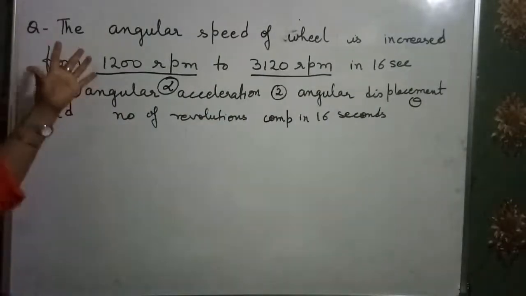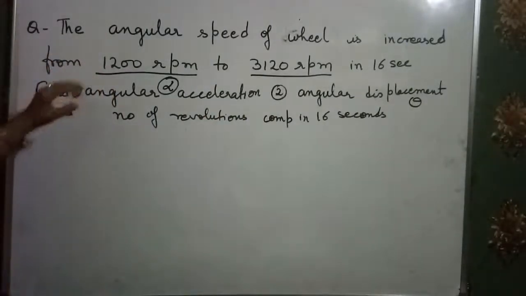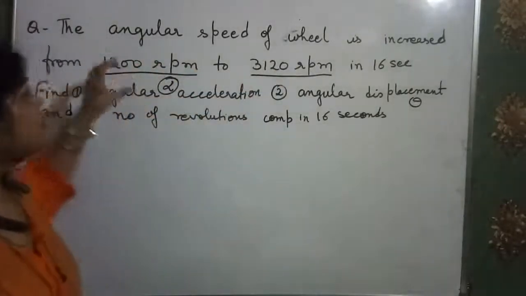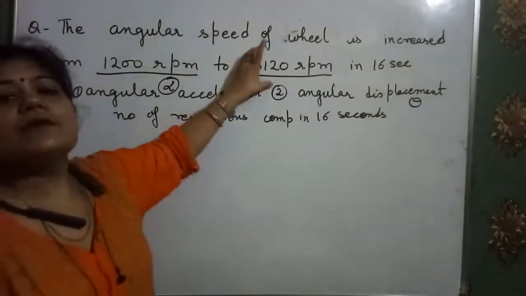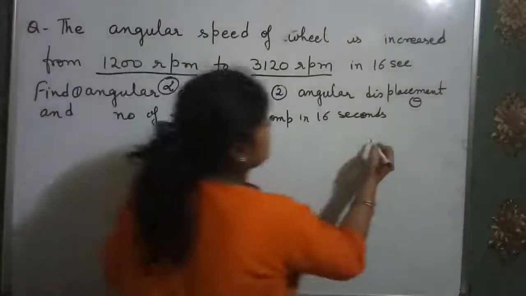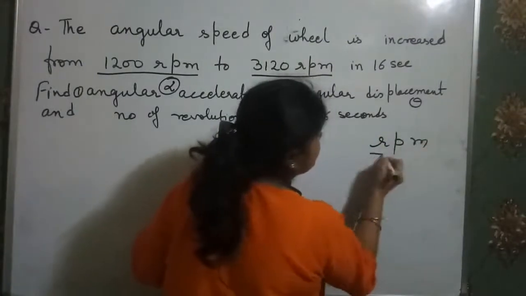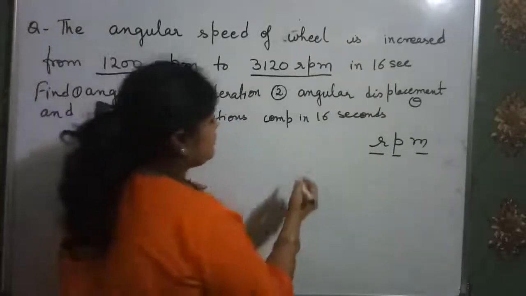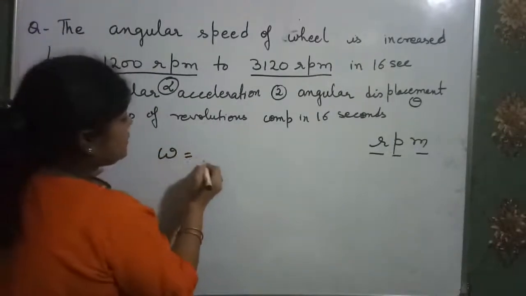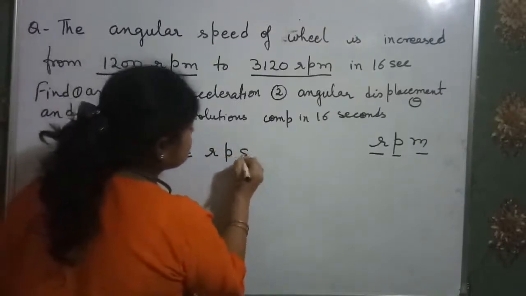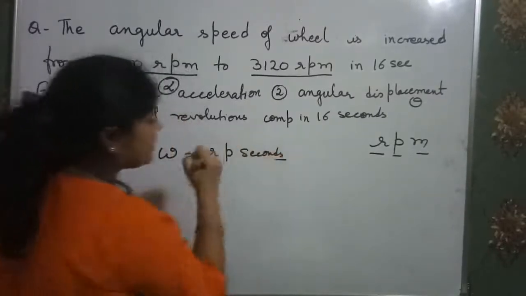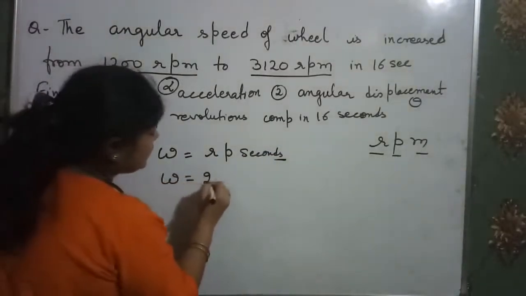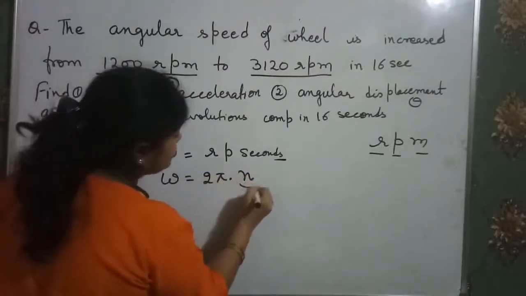Now we just analyze the data which we have in the question. Angular speed is increased from 1200 to 3120. So this is the initial value and this is the final value. And rpm is revolutions per minute. Whenever we find omega, it means revolutions per second. For omega we multiply 2 pi into n, and n is what?